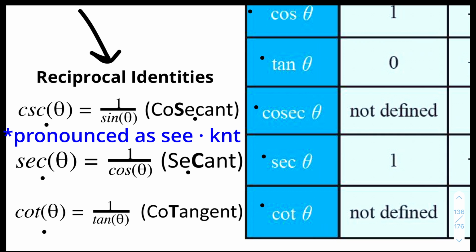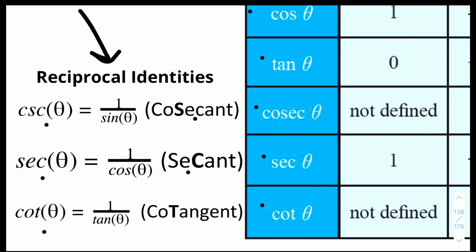And cotangent theta, or cot theta, is equal to 1 over tan theta. The way I know which is which is to look at the third letter of each reciprocal identity: S, C, T, corresponding to sine, cos, and tan.